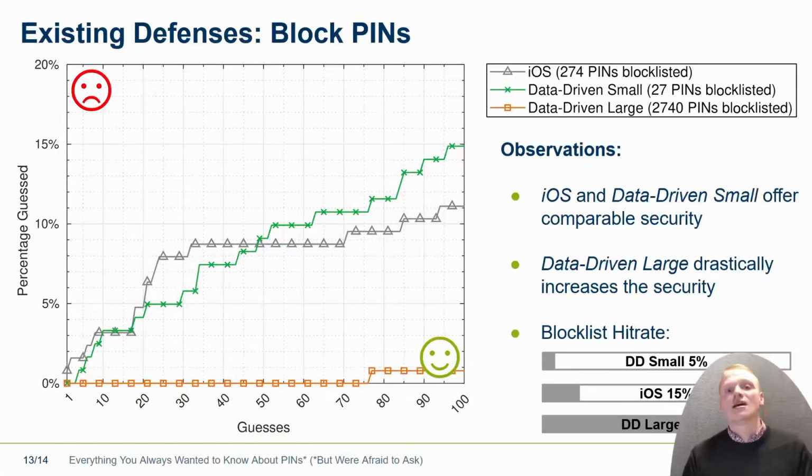I double-checked that there was no error in our study whatsoever. The participant just continued selecting pins which were blocked. So there really has to be a trade-off between usability and security. And in our study, we found that blocking about 10% of the whole key space really helps and strikes the balance between usability and security.